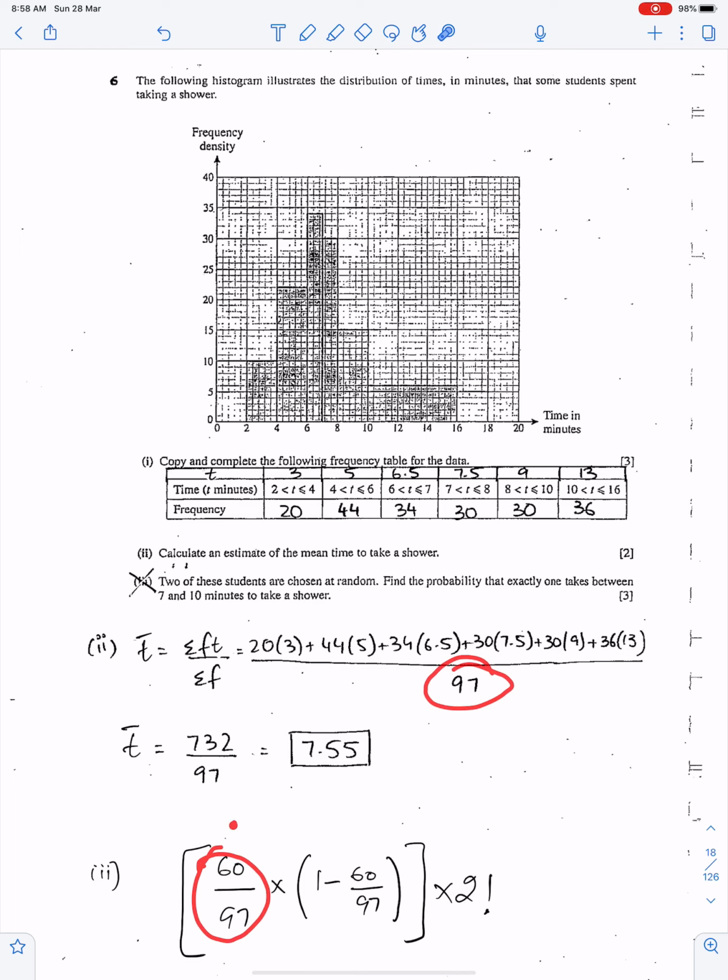So one is of this range, 7 and 10, and the other is not from this range. So those number of students will be 1 minus 60 upon 97, that is 30 upon 97. And 2 factorial, because this order is random. So when this is random, write 2 factorial here. You have done probability, you can understand. You can solve this question yourself.